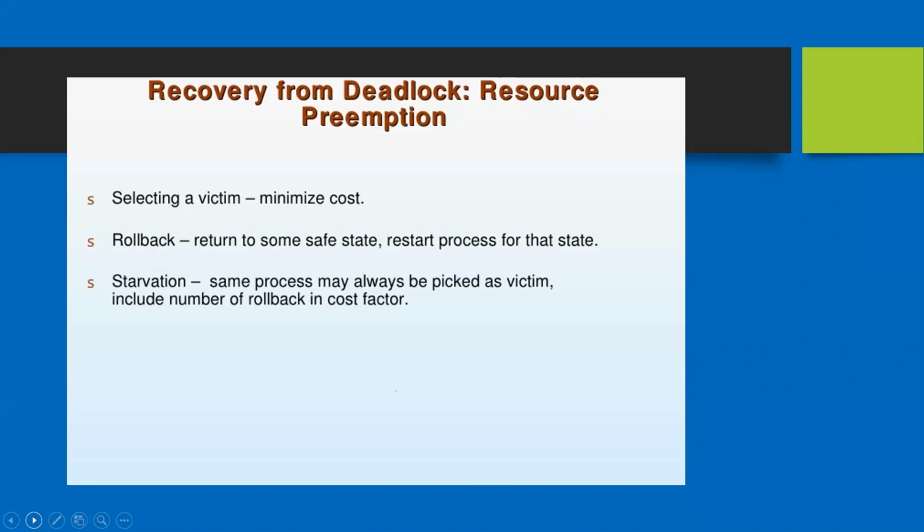Rollback: return to some safe state and restart the process from that state. Starvation: the same process may always be picked as victim, so include the number of rollbacks in the cost factor.